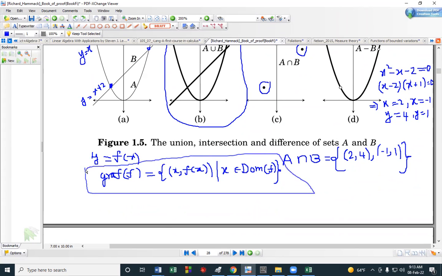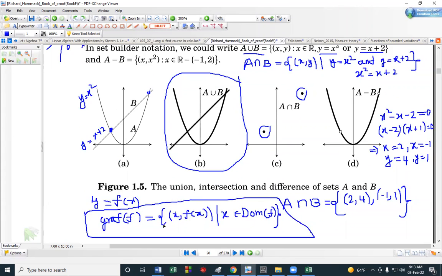Sometimes you may be able to sketch it conveniently in the xy plane, sometimes not, but still it is the graph of this function. Does it make sense? Yes, sir. Great.